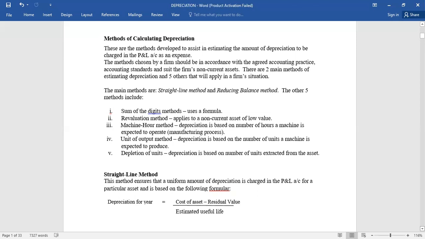We have the sum of digits method, and we have the revaluation method, which applies to non-current assets of low value. And revaluation is, for example, people believe that land will increase in value, or what we call the amortization in better accounting terms.